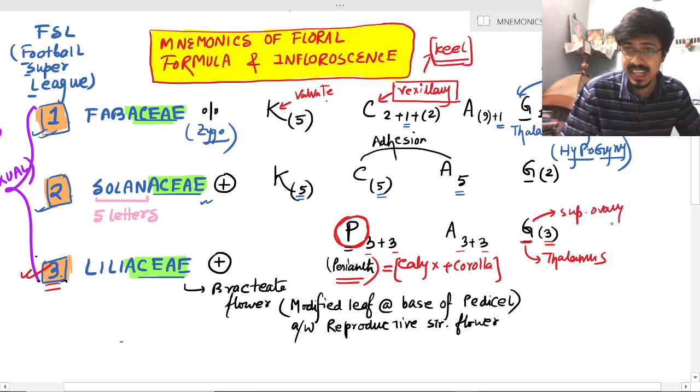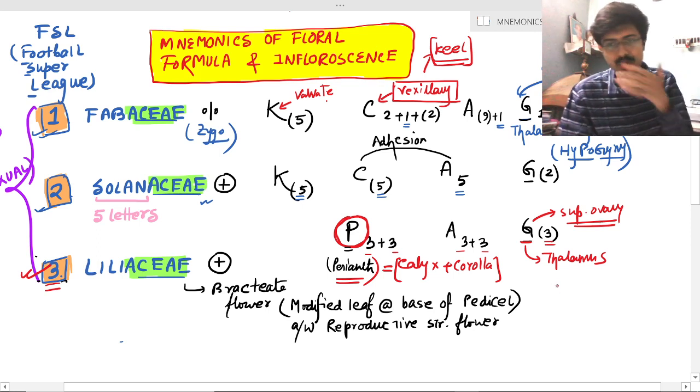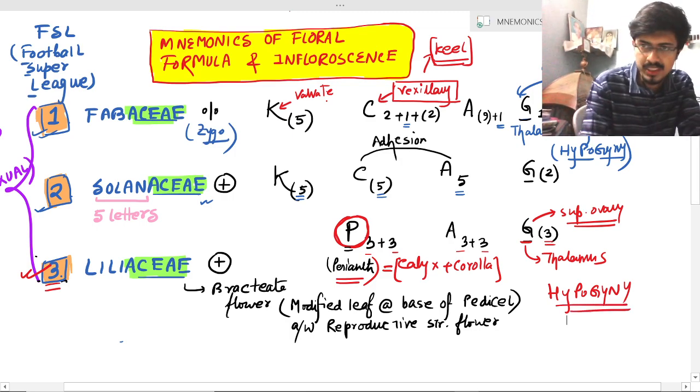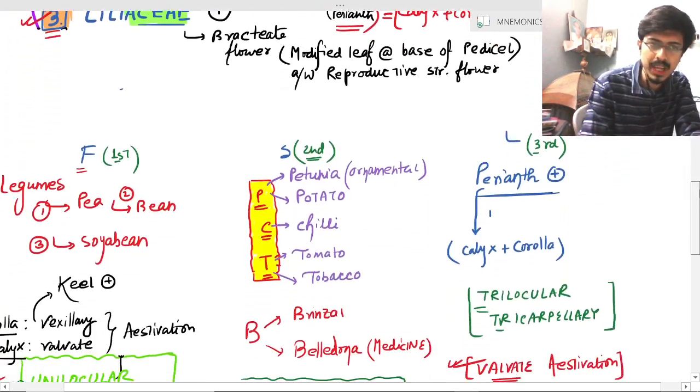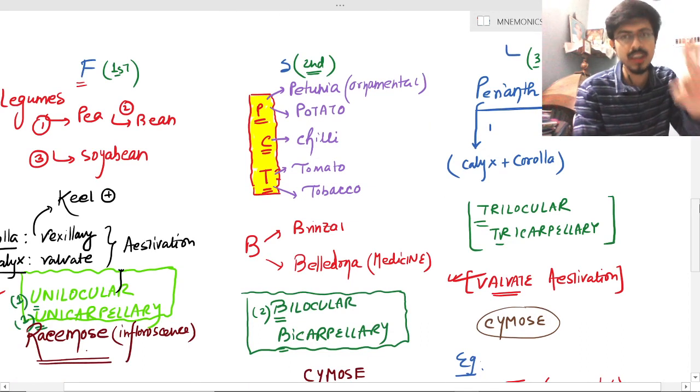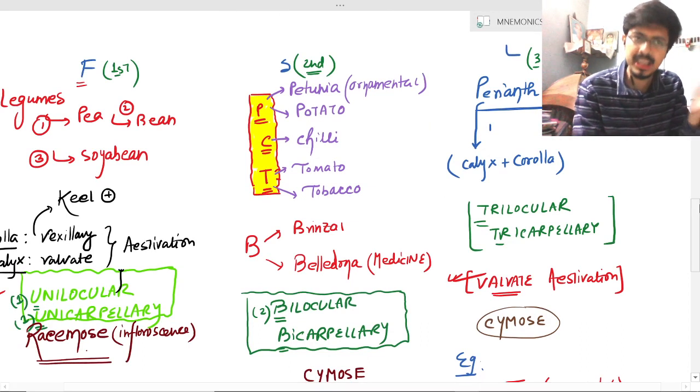But the main naming depends upon the thalamus. So all three are examples of hypogyny. I told you once more: F for first, S for second, L for third. If you don't remember FSL, you can remember it as Football Super League.